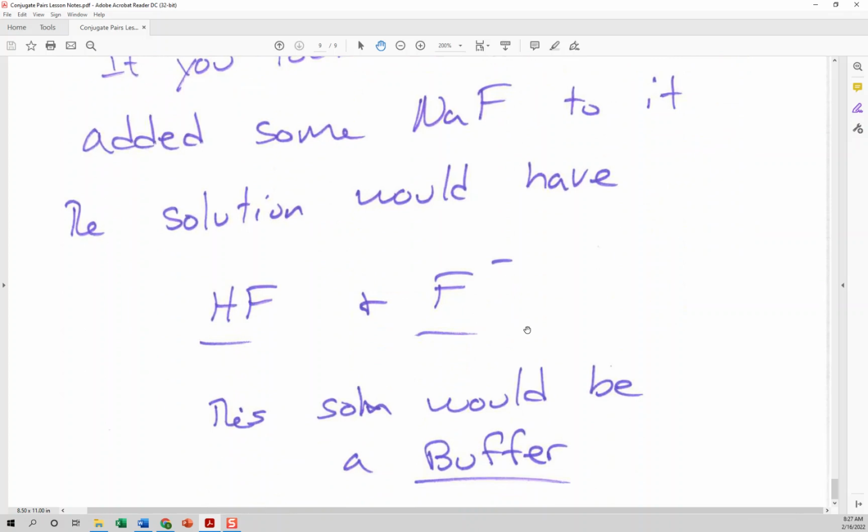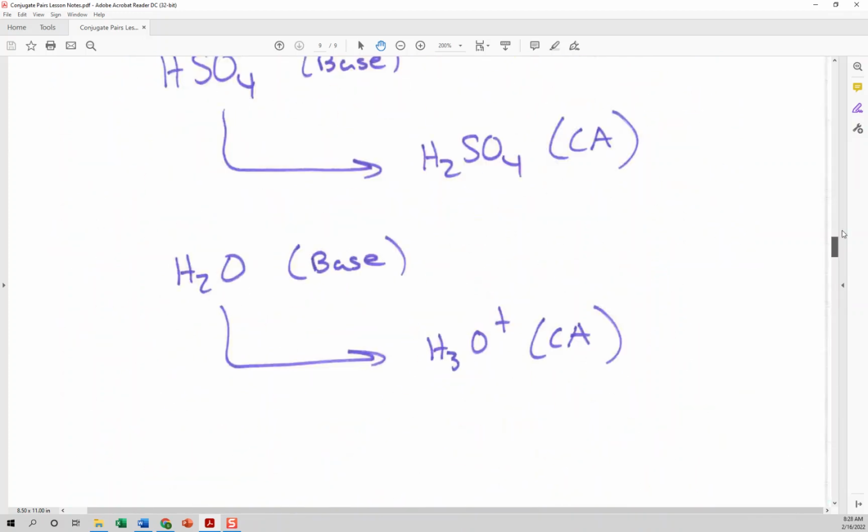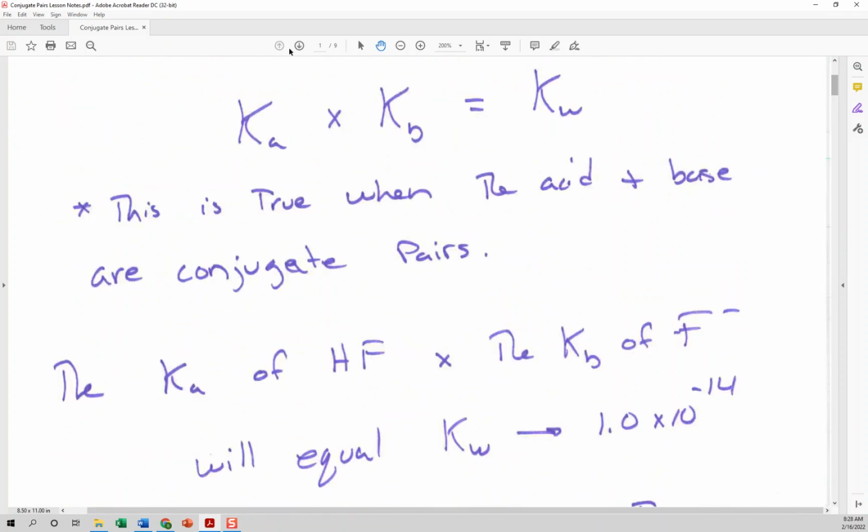But anyway, it's important to really recognize this conjugate acid-base pair stuff, because the sooner you spot that you have conjugate acid-base pairs, the more you know. So like, I'm given a Kb of a base, but I'm also given a Ka of an acid.